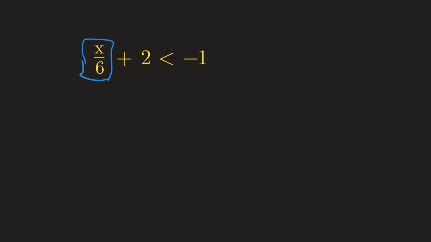So how will we do that? Fantastic. Subtract 2 from both sides. Subtract 2 from both sides. That's going to leave us with x over 6 is less than negative 3. Watch those integer rules.